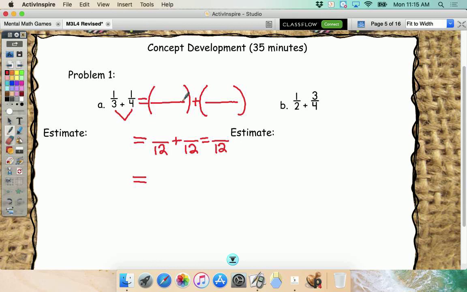And do you remember how I copied this 1/3 and I put it in the first problem? So 1/3 and then 1/4.